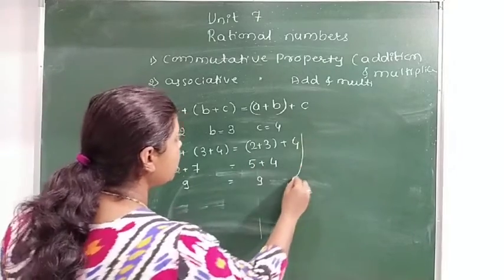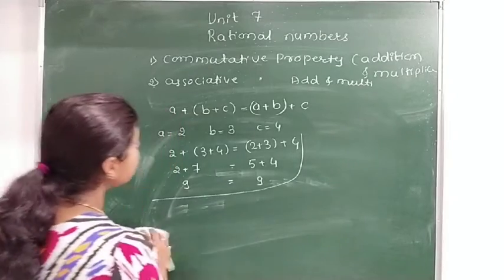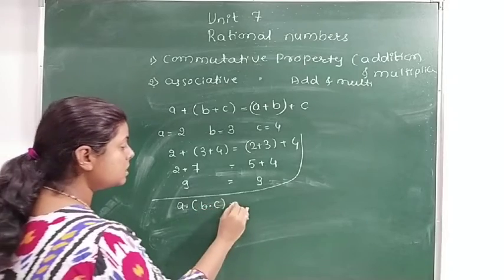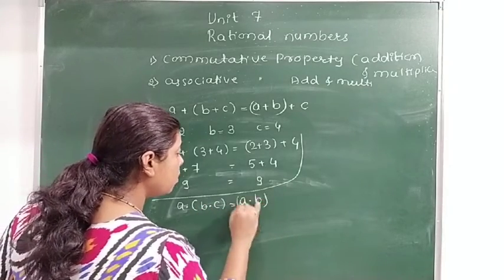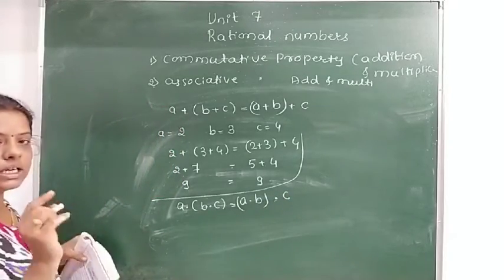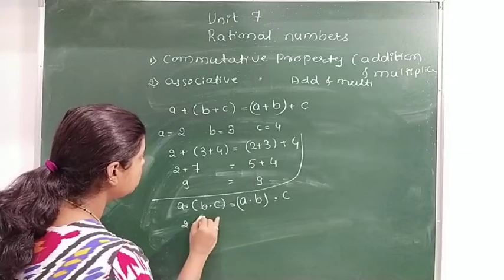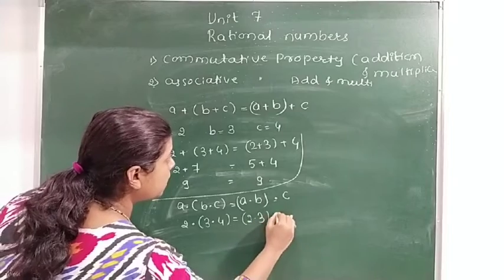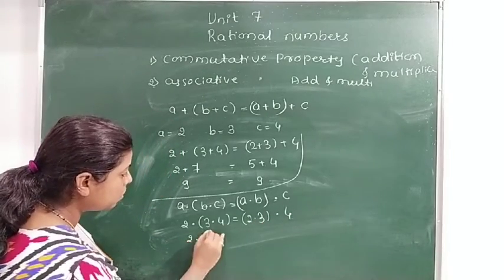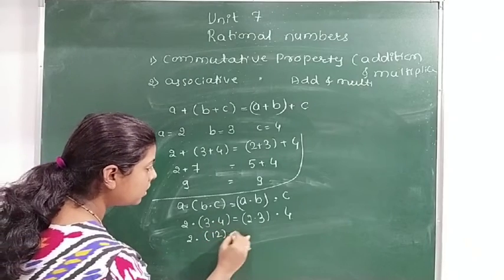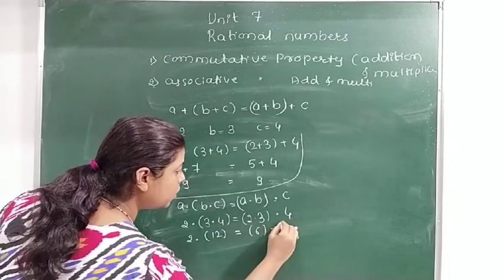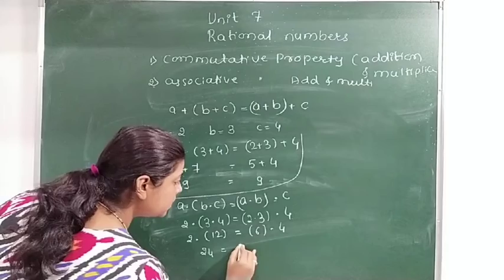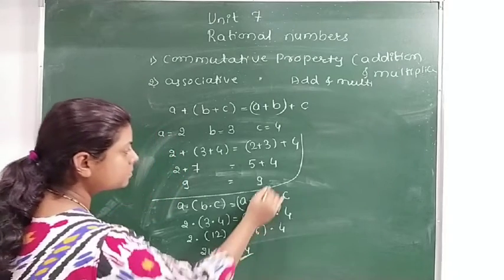Here we have to take it for multiplication also. In multiplication, (A dot B) dot C is equal to A dot (B dot C). The dot indicates the multiplication. 2 into 3 into 4 is equal to 2 into 3 into 4. 2 into 3 is 6, into 4 is 24, is equal to 2 into 12, which is 24.